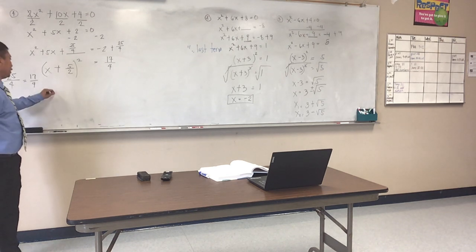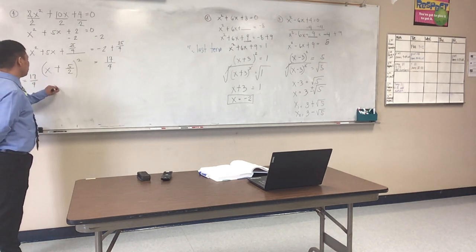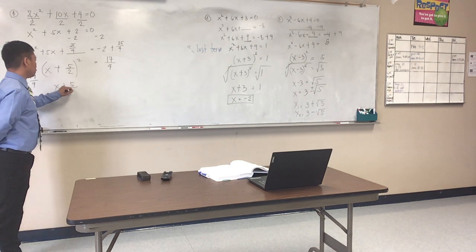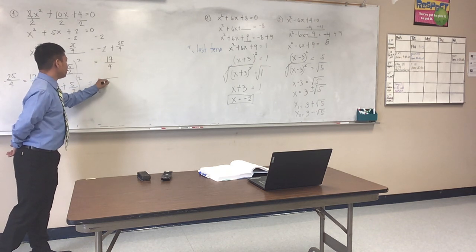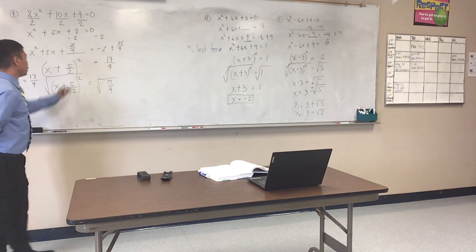Square them all, then square root. X plus 5/2 equals the square root of 17/4.